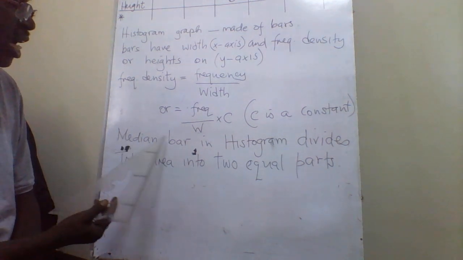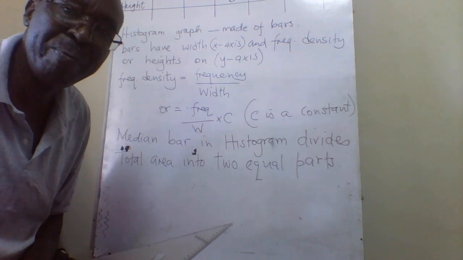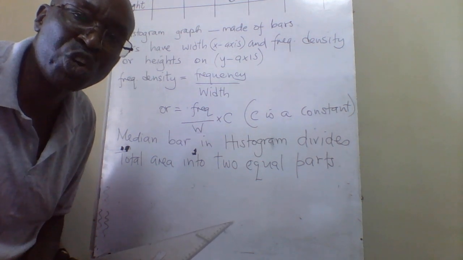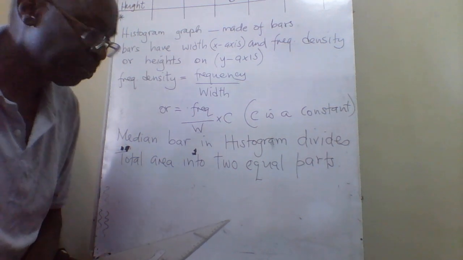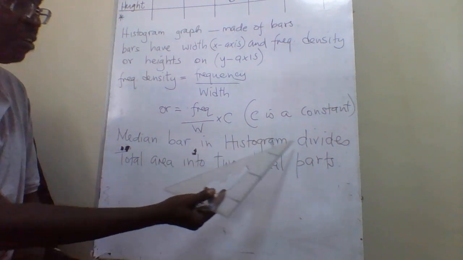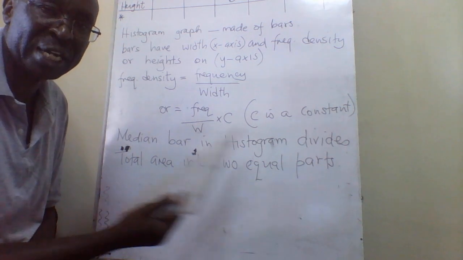A median bar: sometimes you may be asked to draw a median bar on your histogram. How do you do it? Divide the total area into 2 equal parts.